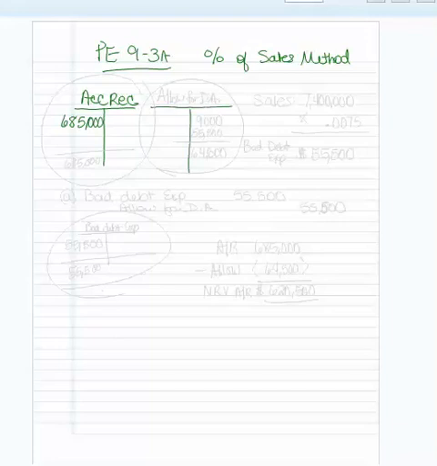The allowance account has a balance of what? $9,000 debit or credit balance? Credit balance. Net sales for the year total what?